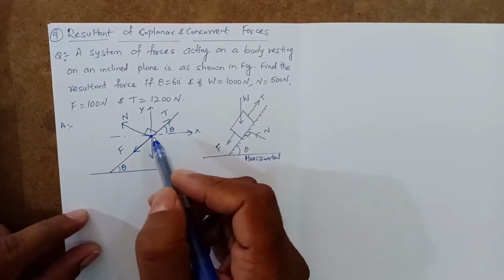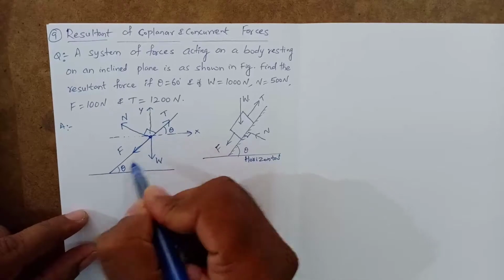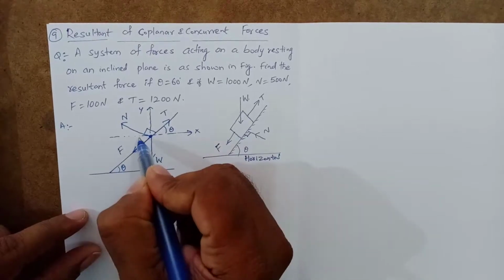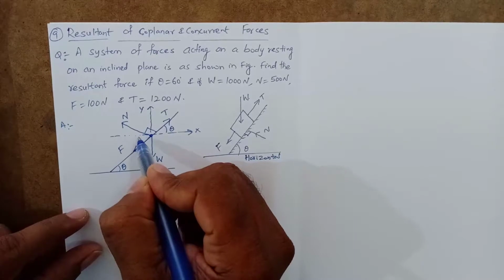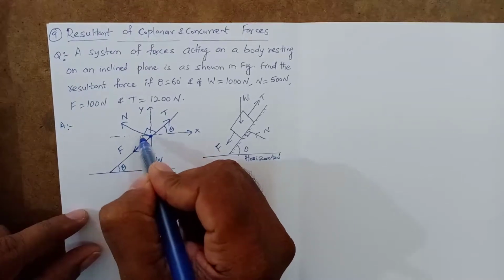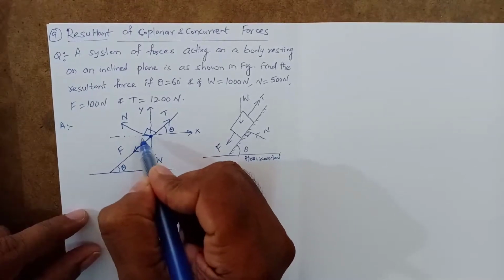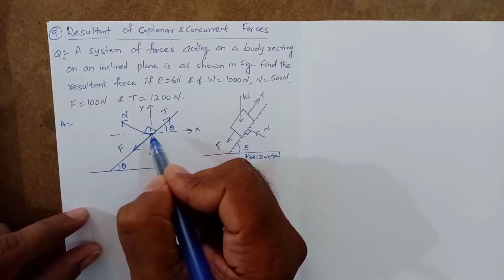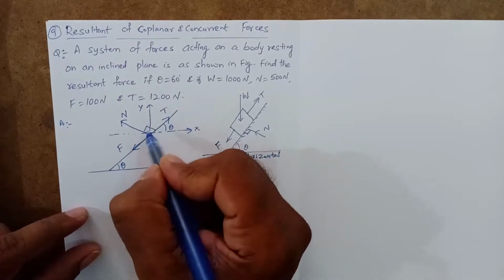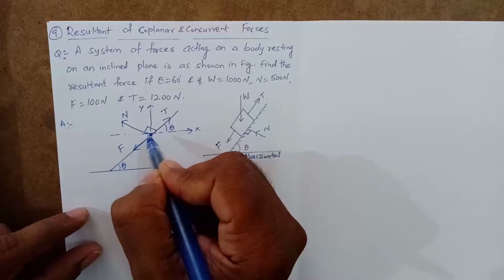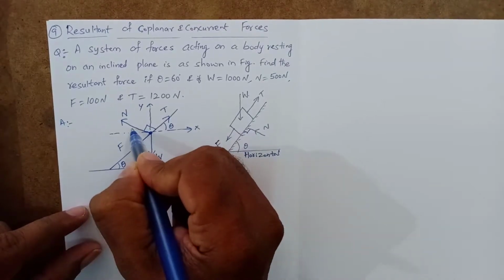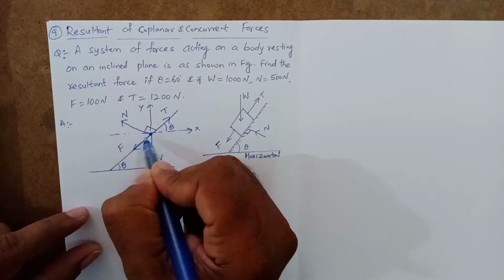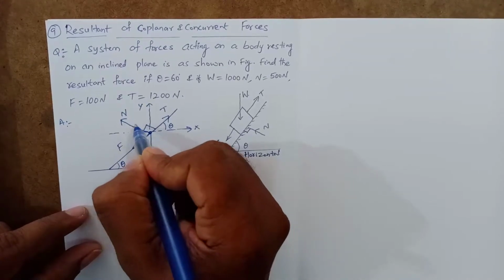Now here this angle is theta, so this angle also theta. This angle is theta, this also theta, and it will become 90 minus theta because this total angle is 90, and this total is 90, it will become theta.